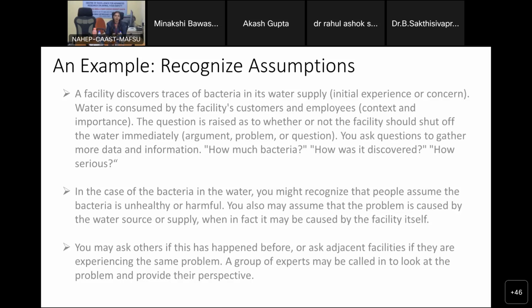You may also assume the problem is caused by the water department, the source from which the water is coming. But it may happen that your facility has not taken proper care.